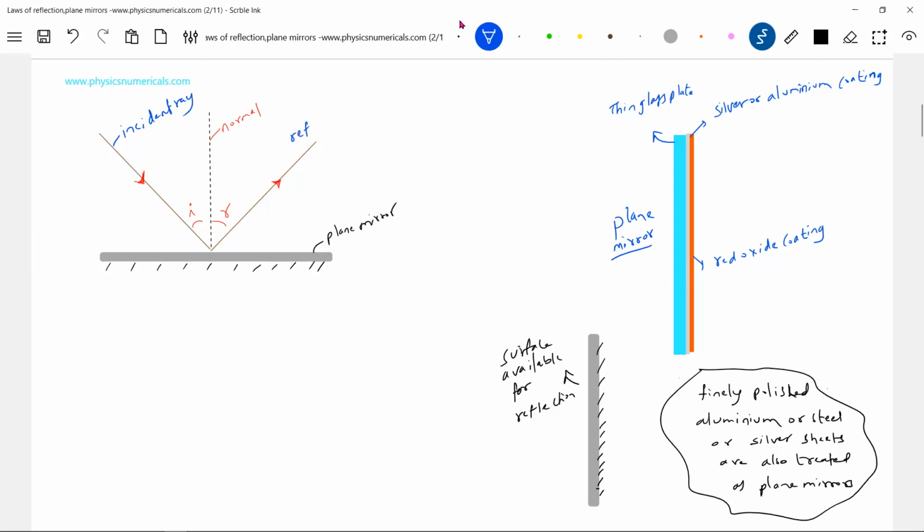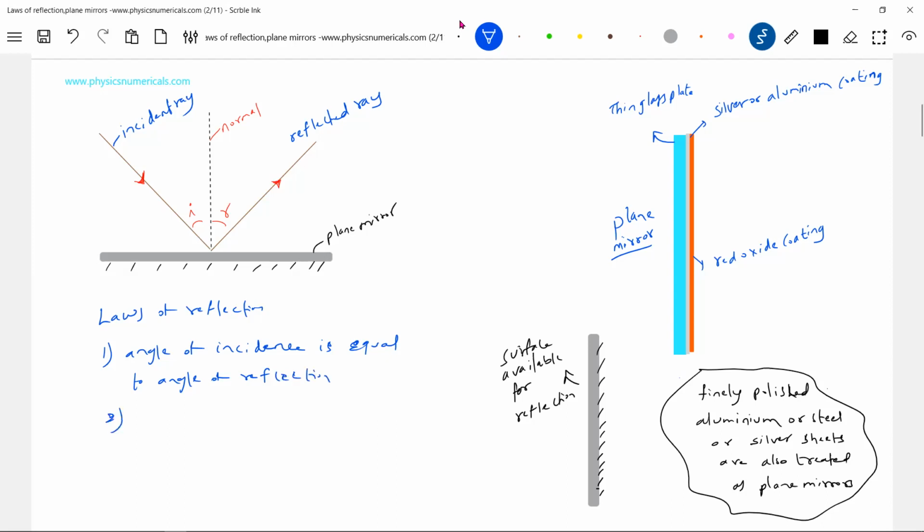and this is a reflected ray. So what the laws of reflection say: first, the angle of incidence is equal to the angle of reflection.